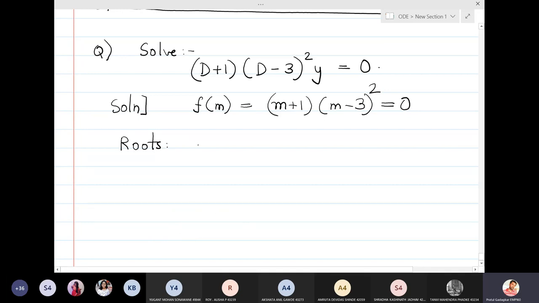You are getting the root minus 1, which is different from the other two. What are the other two roots? 3 and 3. So these two are repeated. But overall, the distinct roots are minus 1 and 3. So for minus 1 and 3 we will apply a separate formula.